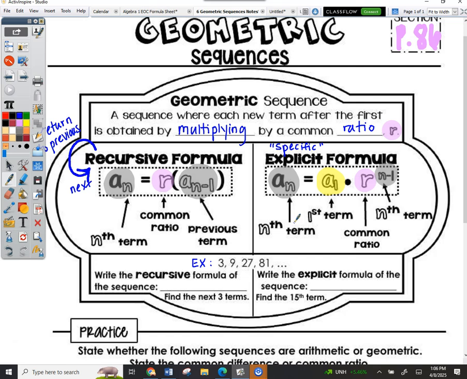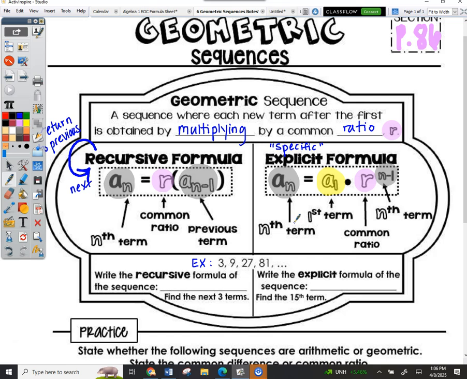What is it multiplying by to get from one to the other? Almost there. 100%. Very good. Love it.